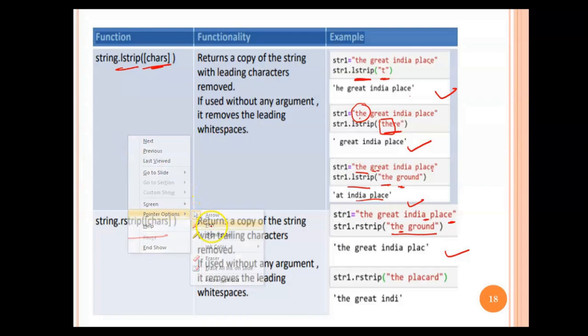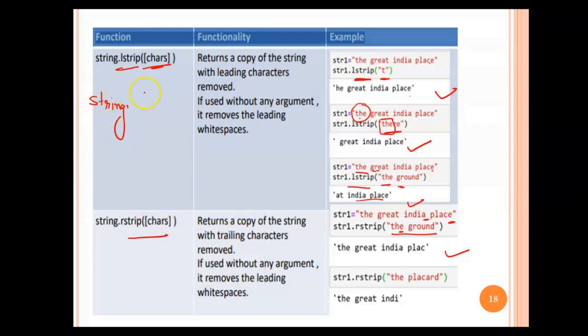open my pen here. Yeah, so now you can check. We can write like this: string dot strip. You don't write any character here, and the string is there. Suppose str1 is equal to, here we have a space, Megha, and here Agarwal, and there is a space here at the last.